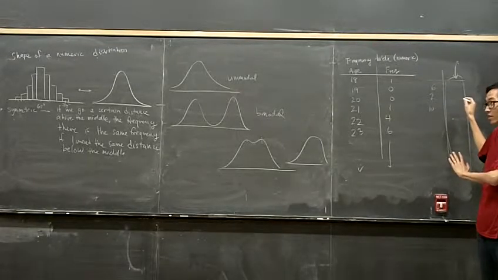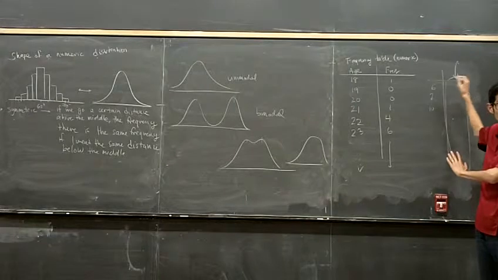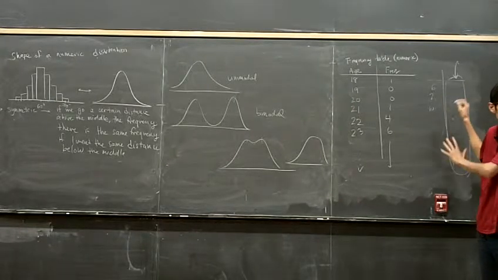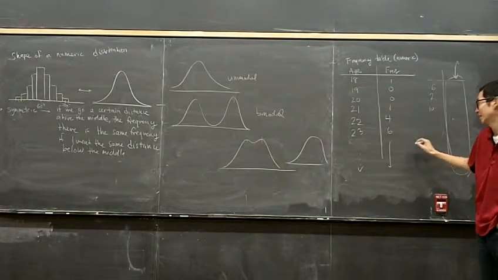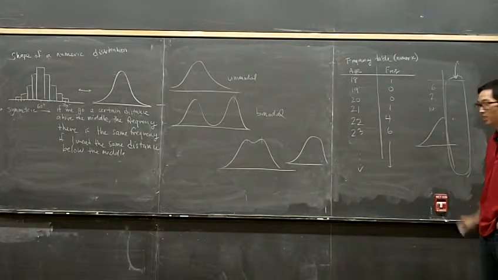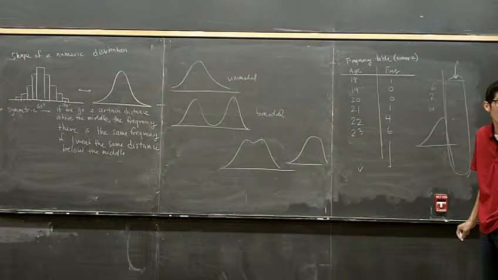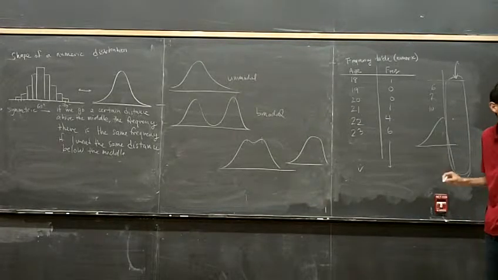What we might see is just one number, I don't know. I have a feeling it'll be kind of left skewed-ish. I don't know, maybe I have to think about that a little bit more.